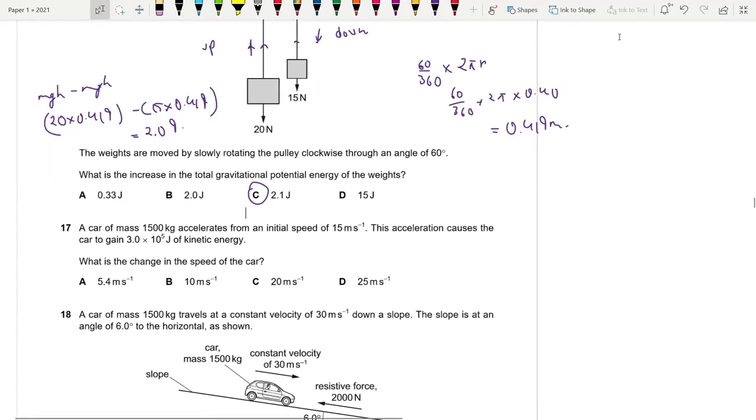A car of mass 1500 kg accelerates from an initial speed of 15 meters per second. This acceleration causes the car to gain 3 into 10 to the power 5 joules of kinetic energy. What is the change in the speed of the car? Basically, half m (v squared minus u squared) is equal to the gain in KE.